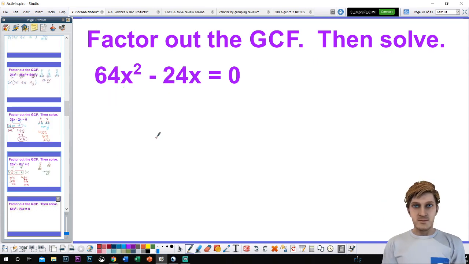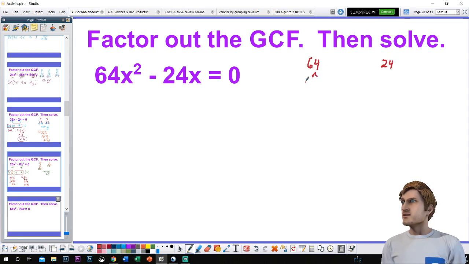Again, if you want to, you can hit the pause button and do this on your own and make sure that we match. Otherwise, just play along with us. Here I have 64 and 24 as my two numbers. This is 8 by 8, which is 2, 2, 2, and 2, 2, 2. 24 is 6 by 4, which is 3, 2, and 2, 2.